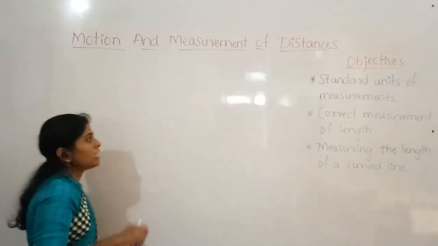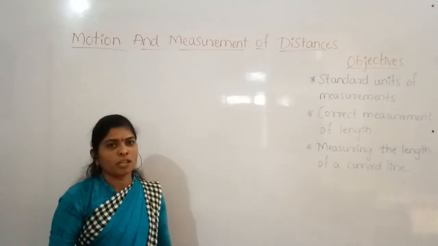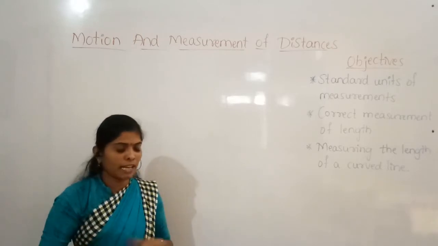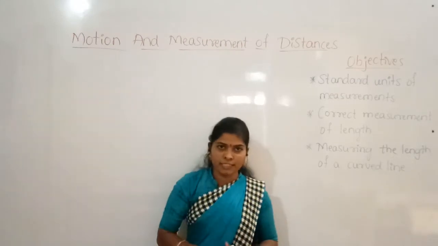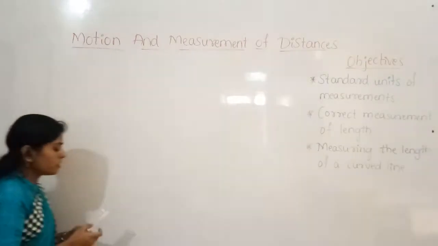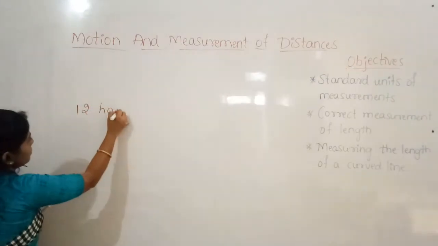For example, if I ask you to measure the length or the width of the desk using the hand span, suppose it measures around 12 hand spans. Then 12 is the number and the hand span is the unit. The hand span is the known quantity, and the number 12 is the number. We don't know how much width or length the desk has, so we measure with the hand span, which is the known quantity and the unit.